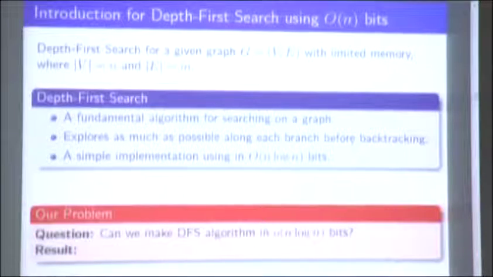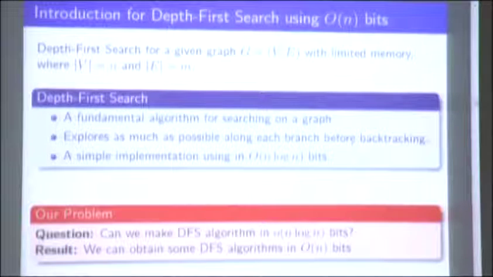It explores as far as possible along each branch before backtracking. A simple implementation uses O(n log n) bits. So our question is, can we make a DFS algorithm in small o(n log n) bits? Our answer is yes. We can do it using only O(n) bits.